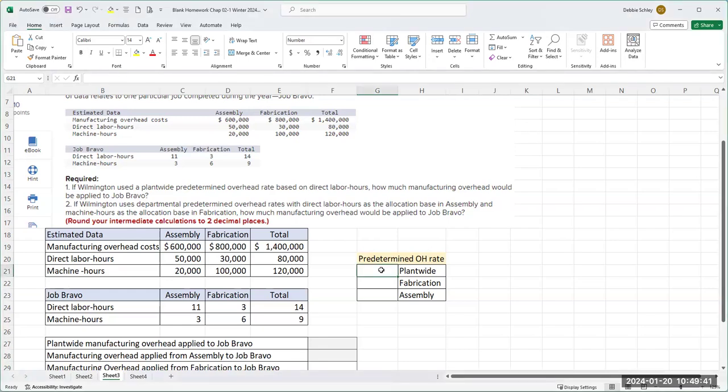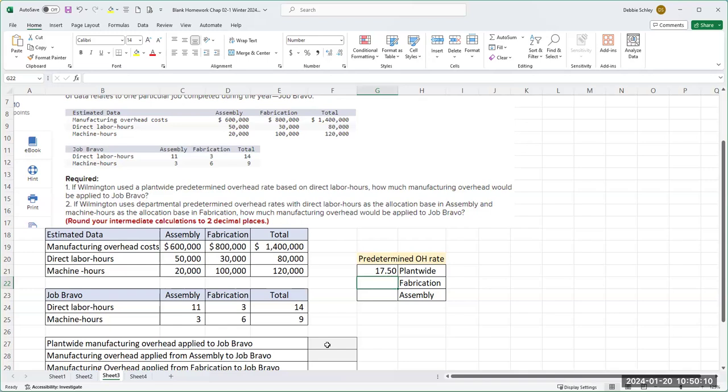So for plant-wide predetermined overhead rate, I just simply need to take the total manufacturing estimated cost divided by the estimated direct labor hours, because that's my allocation base for plant-wide. Okay, so that gives me a plant-wide predetermined overhead rate of $17.50.